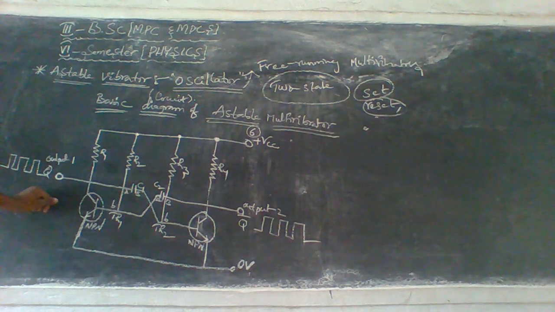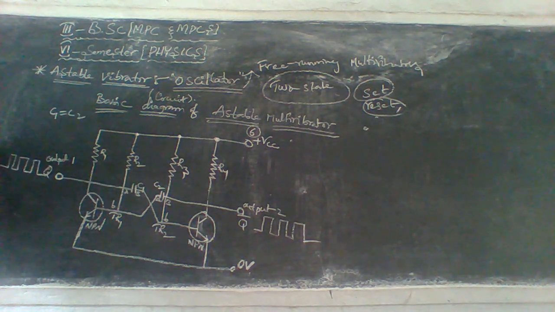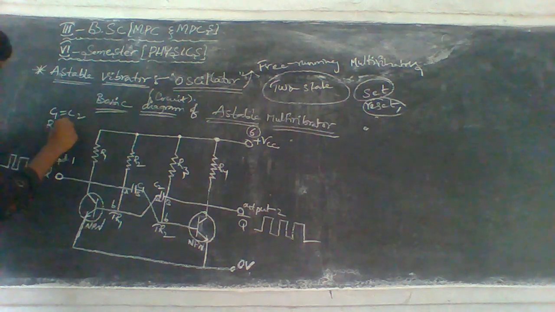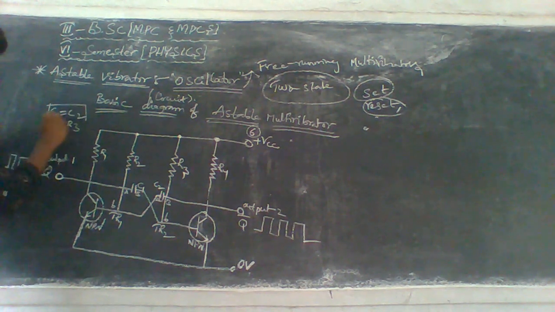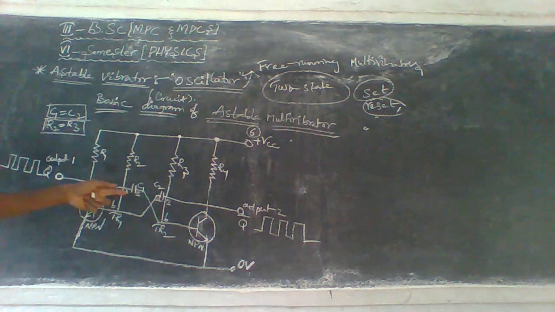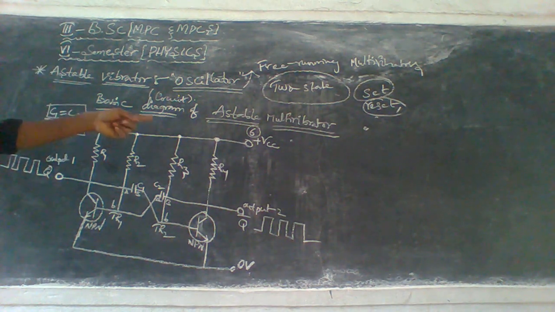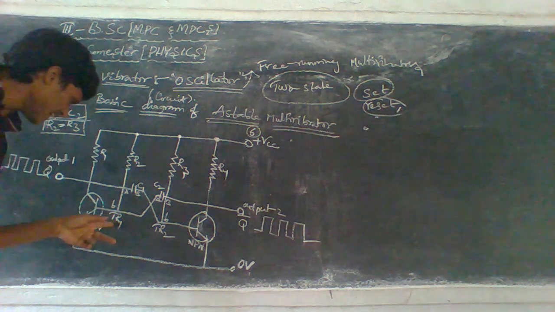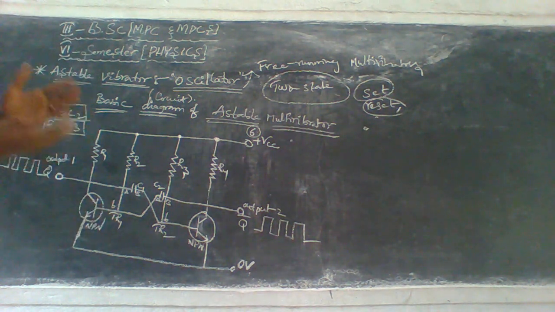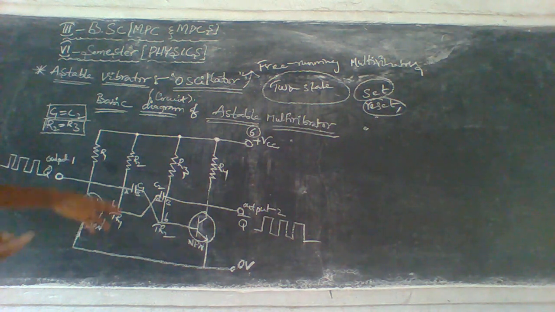The capacitors C1 equals C2, and R2 equals R3. Here TR1 has just switched off, meaning cutoff, and its collector voltage is rising towards VCC.